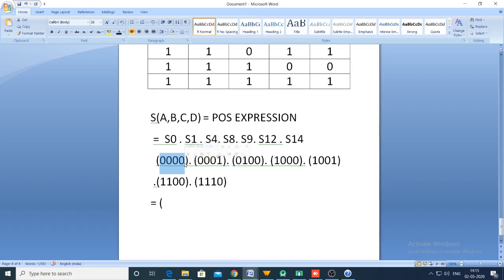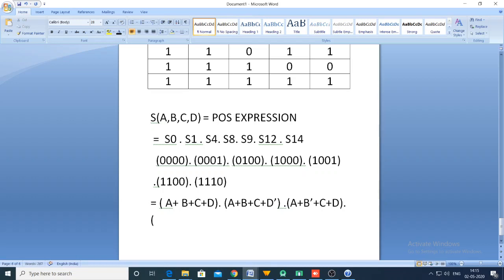For that I have to add straight away all those 4 variables A, B, C, D. For the combination 0 0 0 1, I may get output 0 if I add A straight away, B straight away, C straight away, but D should be in inverted form. Then for the third combination, A plus B bar plus C plus D.